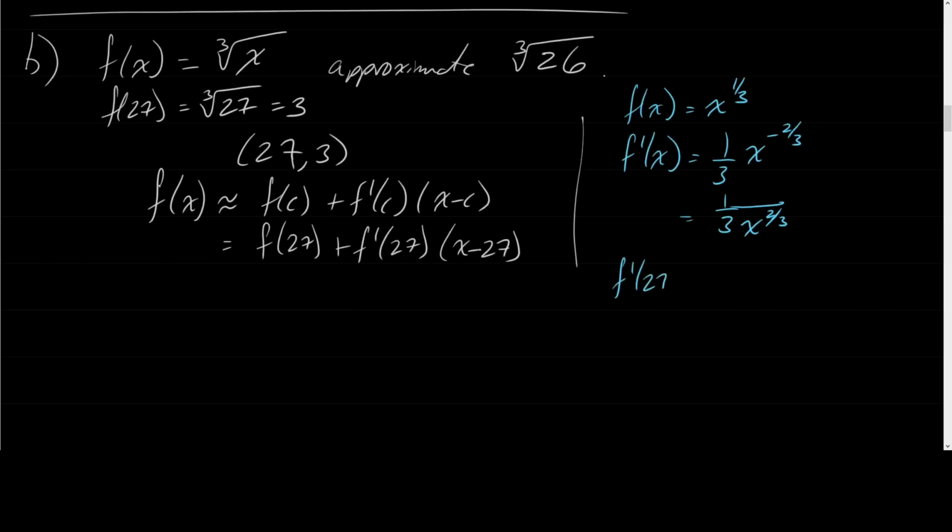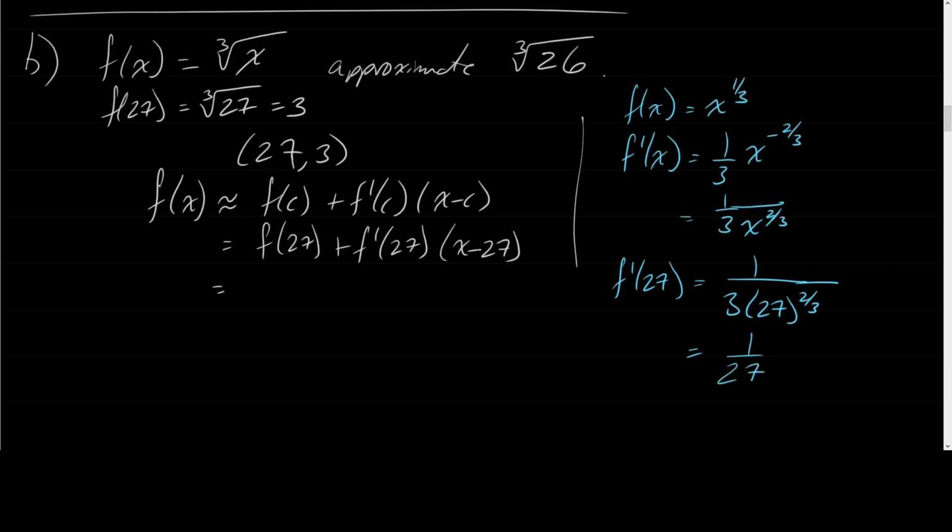So f prime of 27 would be 1 over 3 times 27 to the 2/3. Let's do the 1/3 first, because to the 1/3 will be a cube root, and the cube root of 27 is 3. And now the squared, 9. And then times 3, 27. So I end up with 1 over 27.